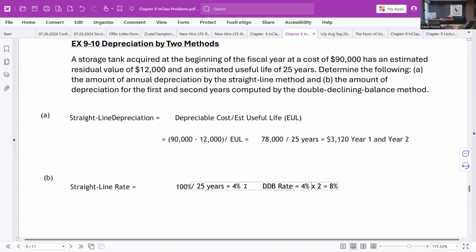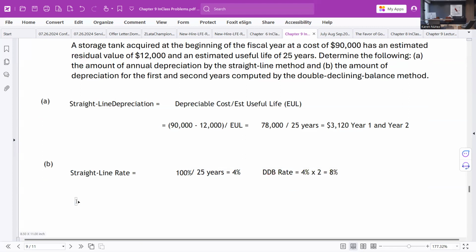And once we get that DDB rate, then what we can do, in this case for year 1, is take the cost of the asset as the book value. So we want to make sure that we use the book value of that asset at the beginning of the year, right? The book value of the asset at the beginning of the year.